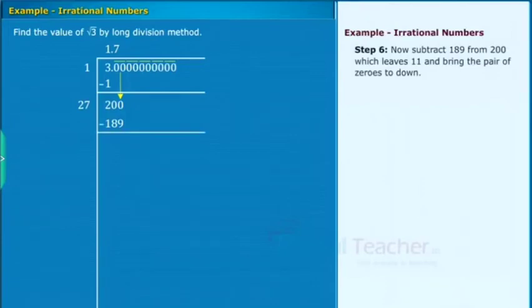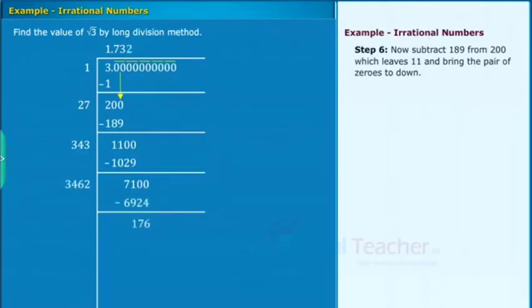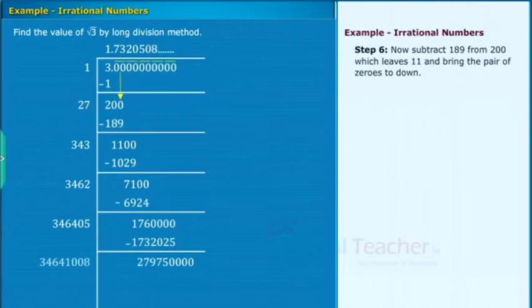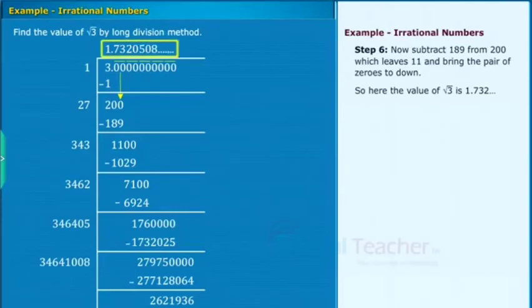Subtract 189 from 200, which leaves 11, and bring the pair of zeros down. So, here the value of root 3 is 1.732 and so on.